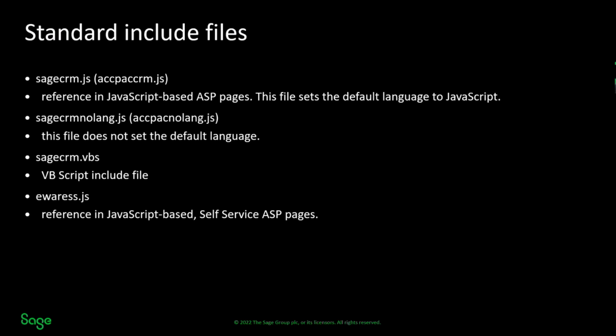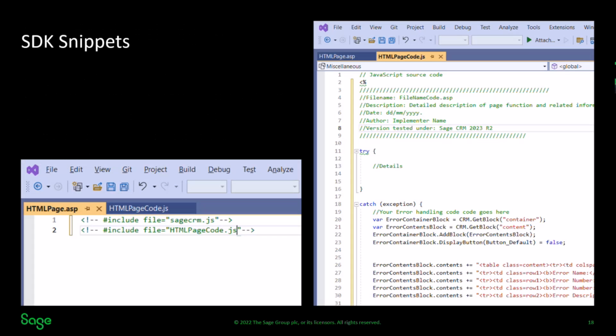But the first set of questions, who am I and where am I, are answered really by the include file that we saw here. This is the file on the left-hand side where we can see a reference to Sage CRM.js.